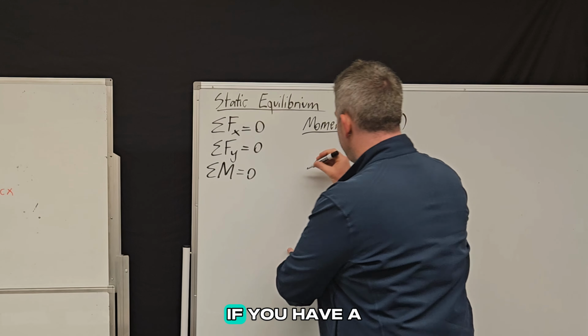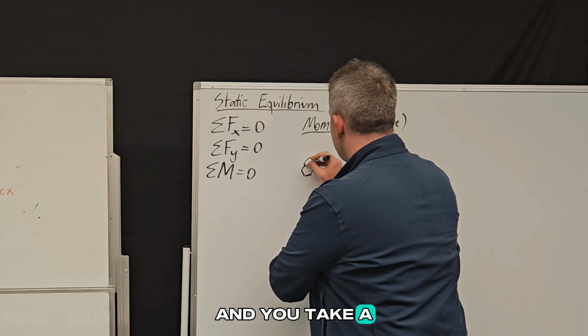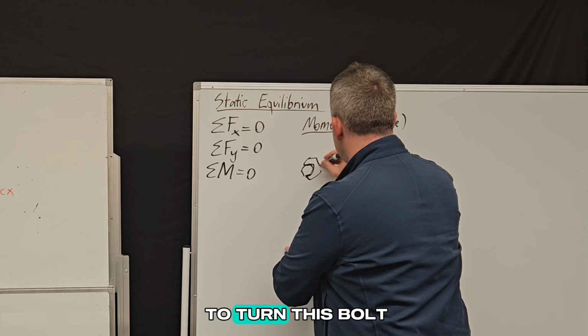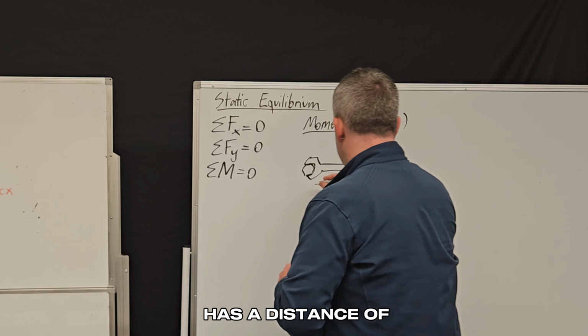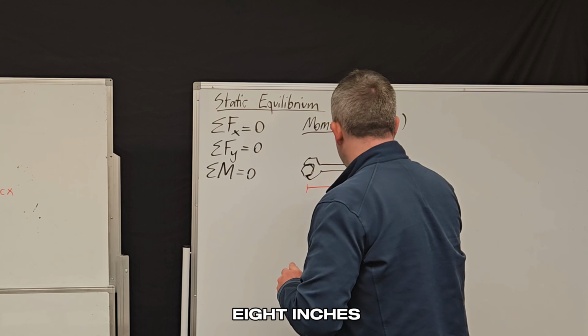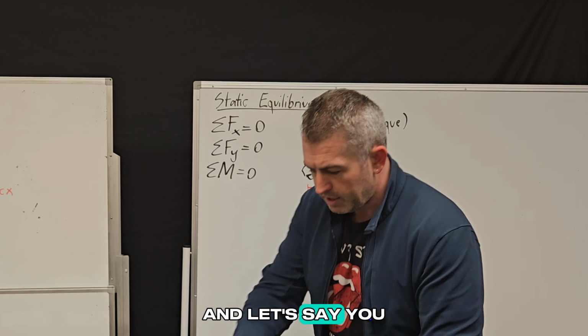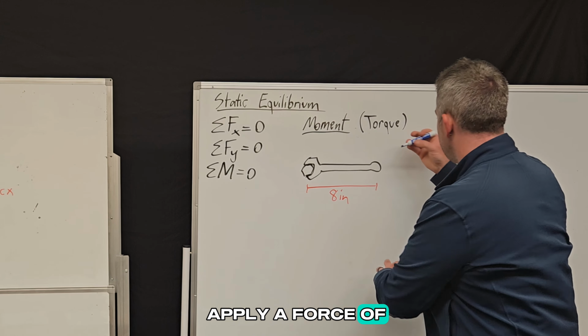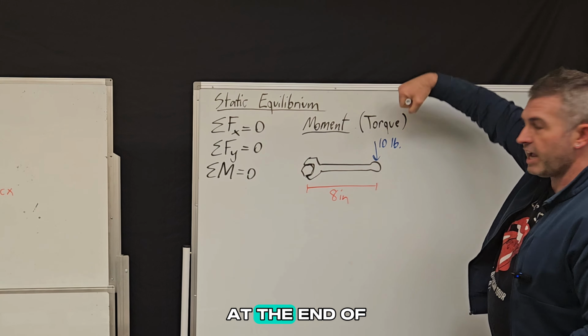So for example, if you have a bolt that's stuck in something and you take a wrench and you try to turn this bolt, let's say this bolt has a distance of 8 inches from here to here. And let's say you apply a force of 10 pounds in the downward direction at the end of this wrench.